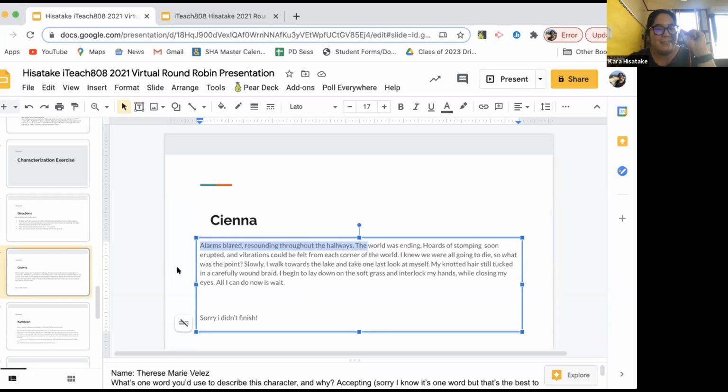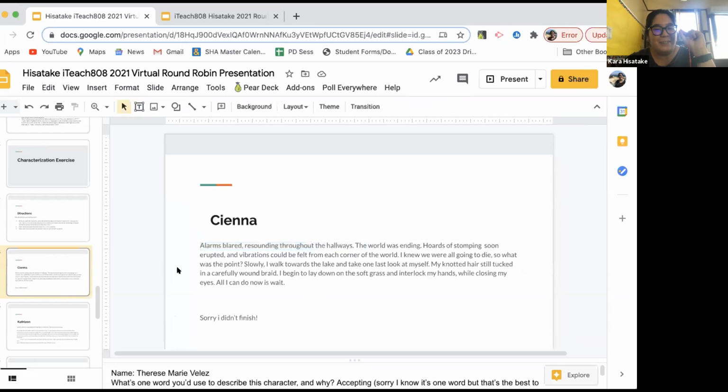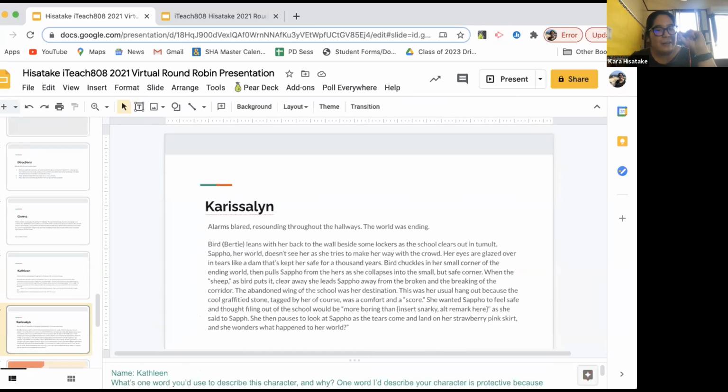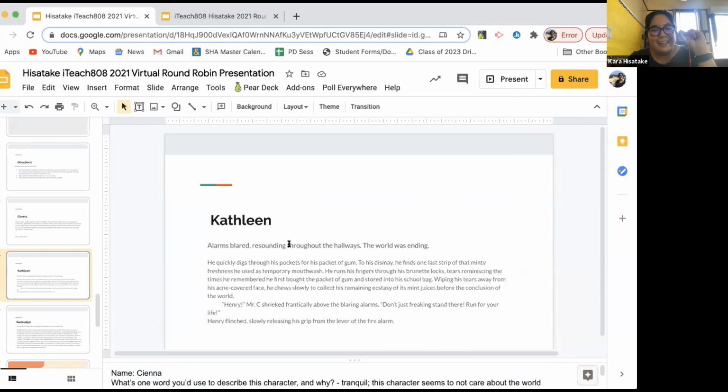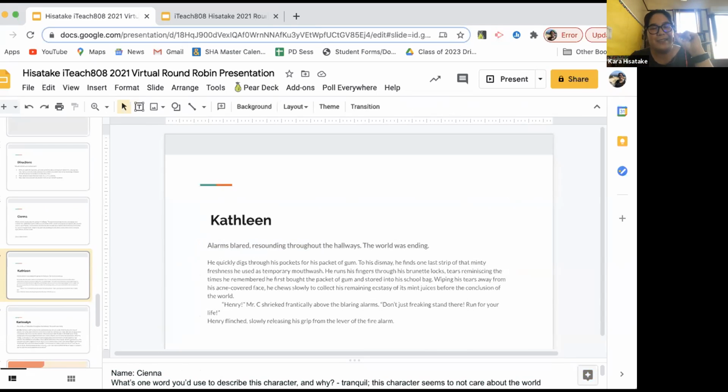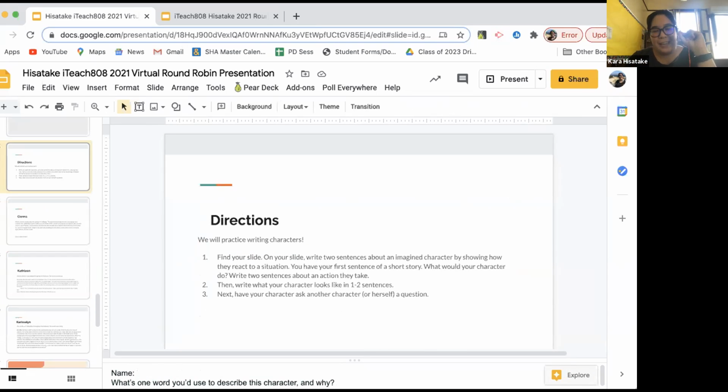It was: alarms blared, resounding throughout the hallways. Like, what was happening? So they all had different characters. And the world was ending. They all had different characters who responded differently to whatever they imagined the situation was. So after they did that, here comes the round robin part of it.